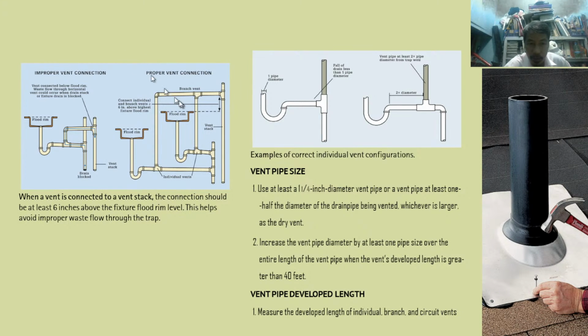An example of proper bend connection is good because this is the flood rim level and this is connected more than or equal to 6 inches above.